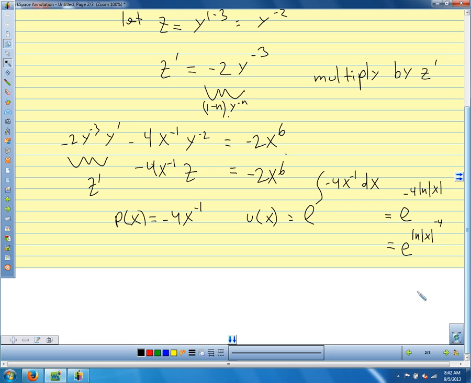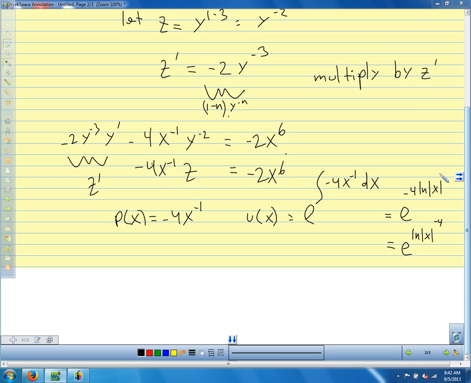And we argued before that we can drop the absolute value because we're multiplying through by that term all the way through. So e to the natural log of x to the minus 4 just becomes x to the minus 4.